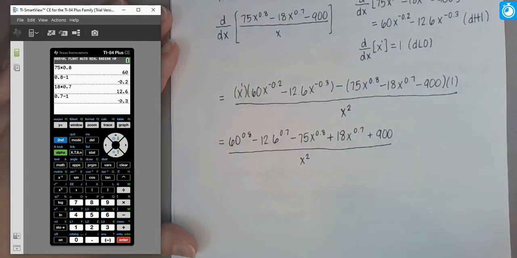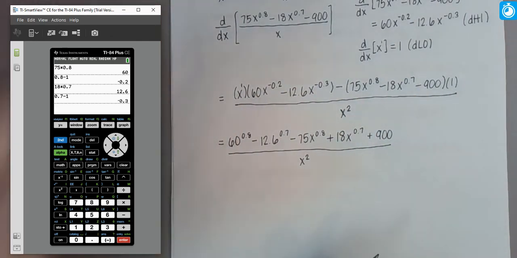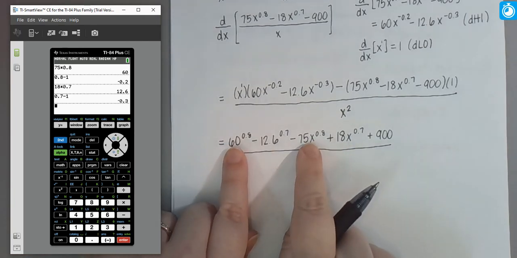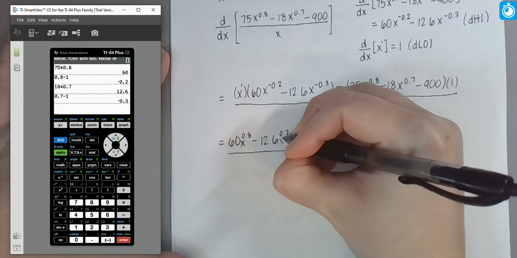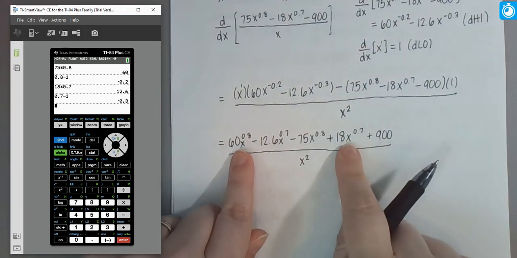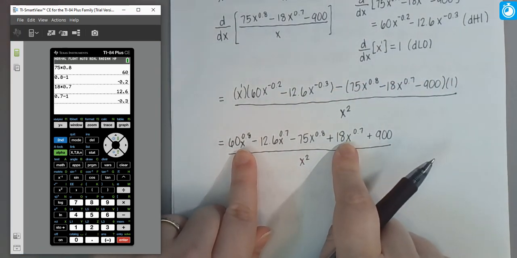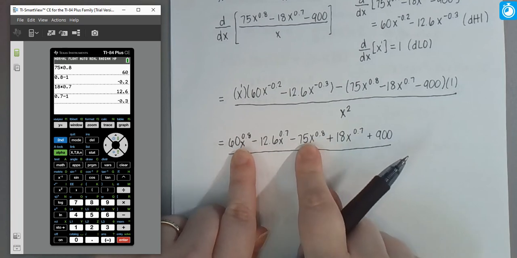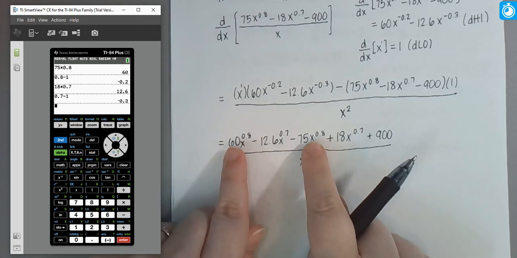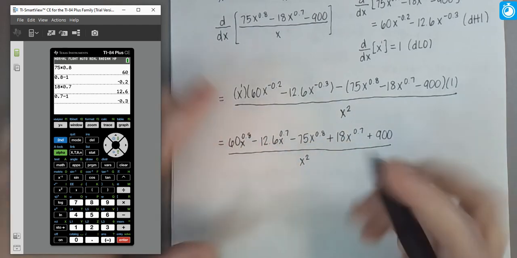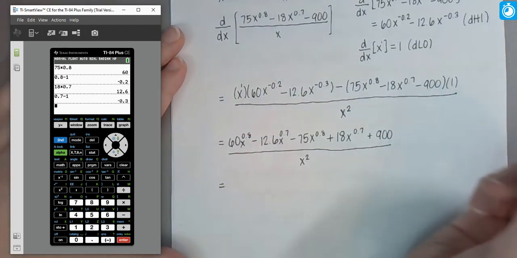Now, believe it or not, after all of that, we have some like terms. So we have two terms that have x to the 0.8 power. There we go, those are the two terms. And then two terms that have x to the 0.7 power. So those pairs can combine, and then the 900 just kind of hangs out.